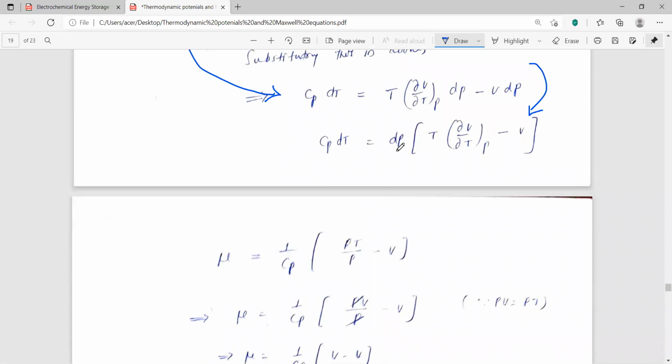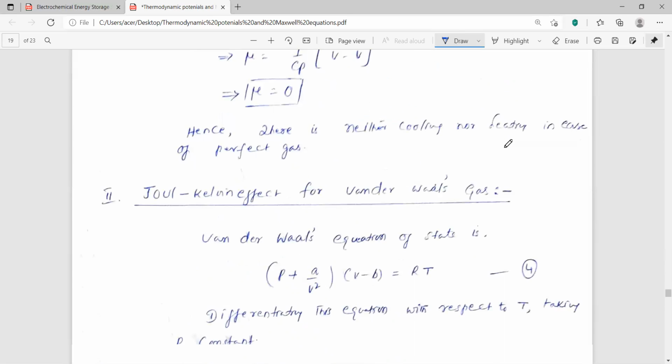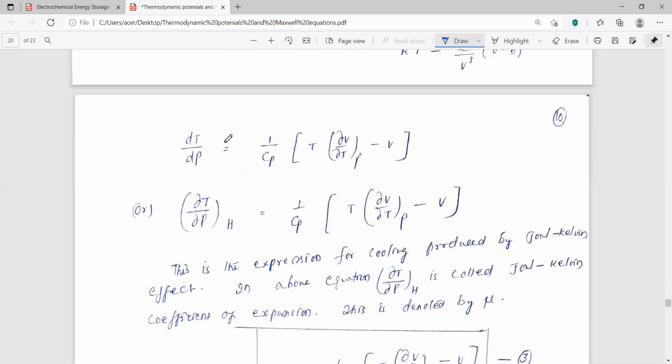So now if you take this dP value to the left hand side, and take the Cp to the right hand side, then what will happen? dT by dP equal to 1 by Cp into T of dou V by dou T at P minus V. But I already said that in this throttling process, the enthalpy remains constant.